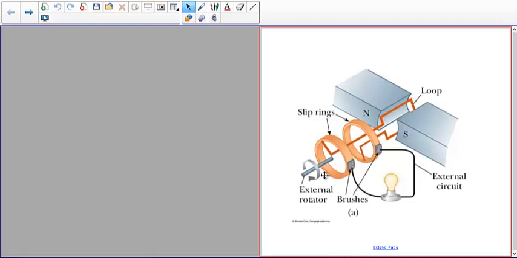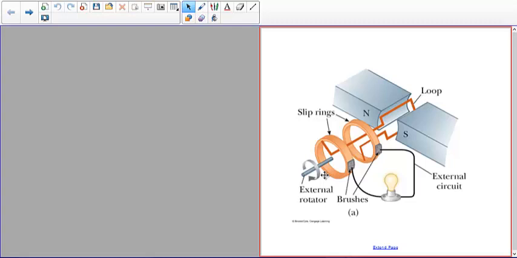Remember, we did that in lab the week before last. We had the moving magnet inside the coil, and we measured the voltage, and it went bloop like that, bloop like that. So we were measuring the voltage for that particular thing happening.